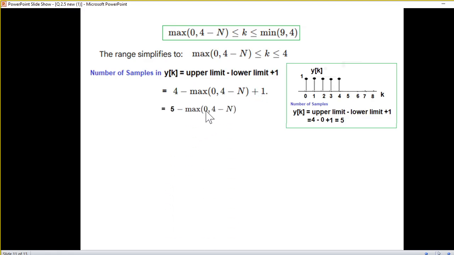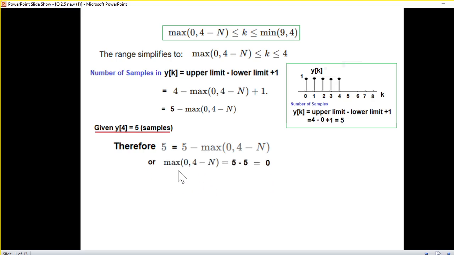And from here we can write 5 minus maximum of this. And in the question, the condition given is y4 is equal to 5. So we'll put that. So this side it will be 5, and this whole thing. Rearranging, we get the maximum of 0 and 4 minus n should be equal to 0.